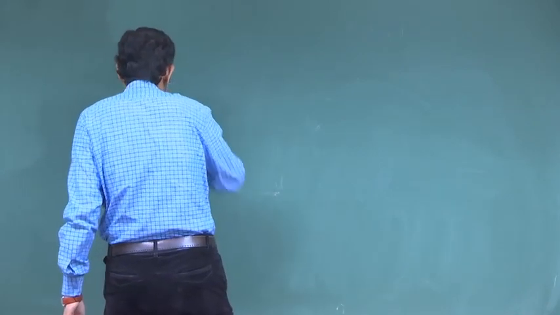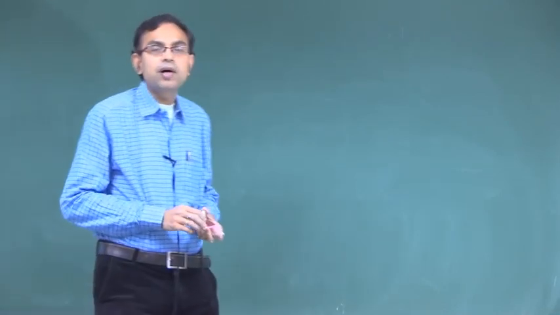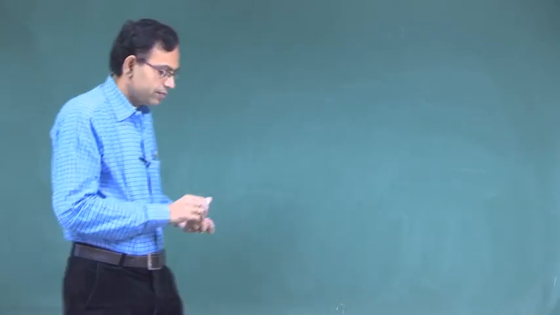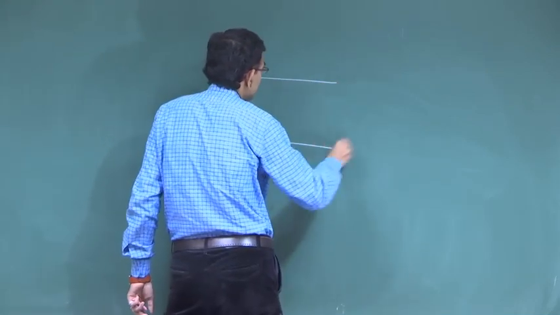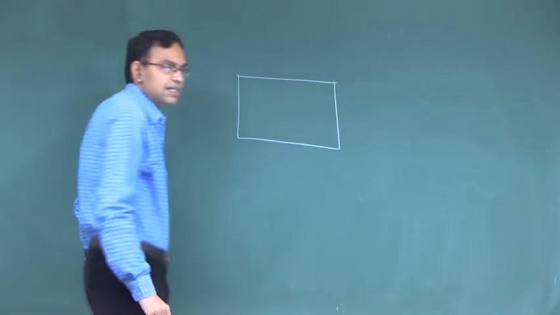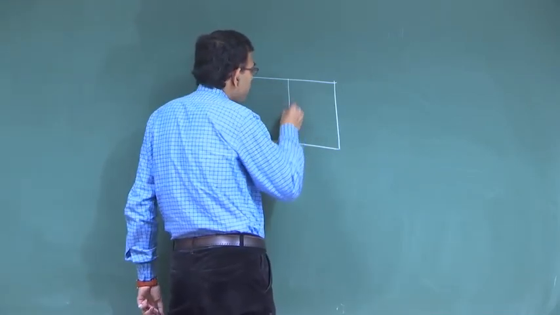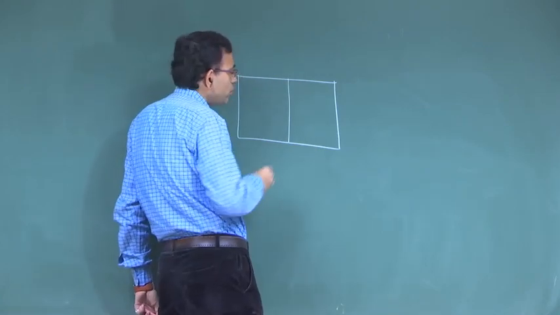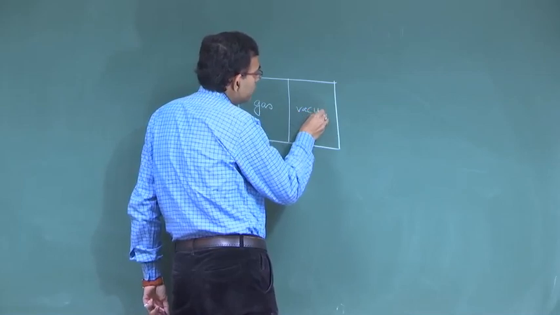I can give you an example in which there is a displacement of the system boundary, but there is no work done. So, let us say that there is a chamber partitioned in two halves. On this side there is a gas, on this side there is vacuum.